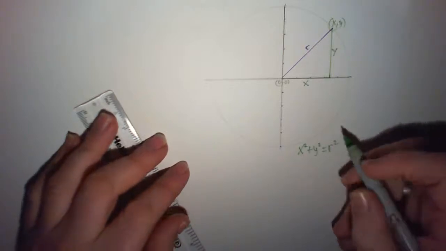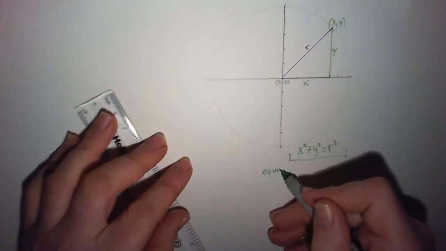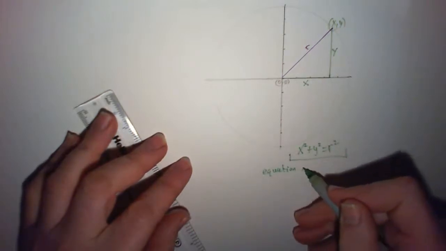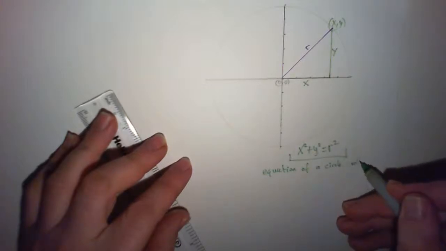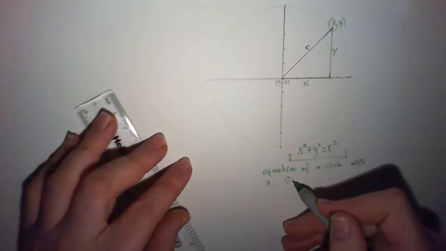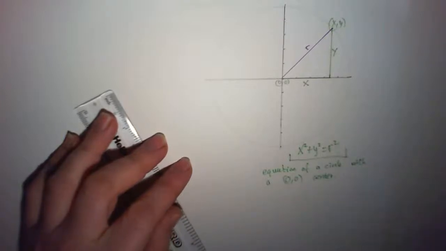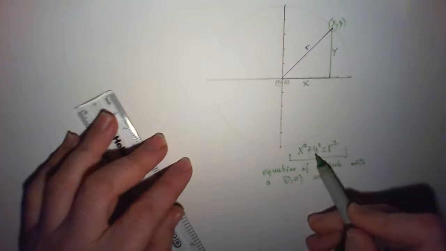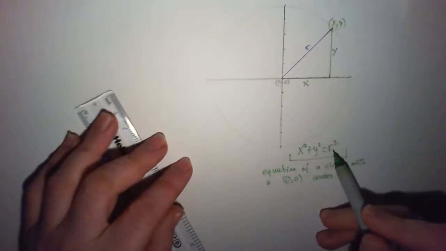Would you see what I mean? And this, would you believe, is the equation of a circle with a 0, 0 center. It will have a center of 0, 0 and a radius of r. So that's the way it would work.